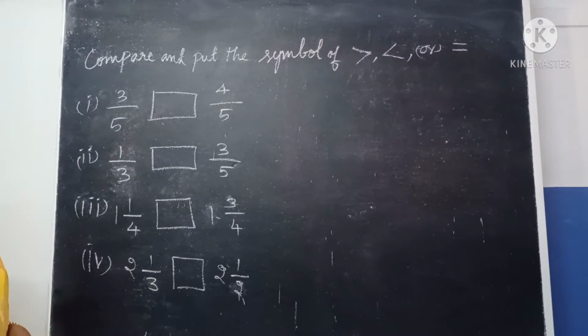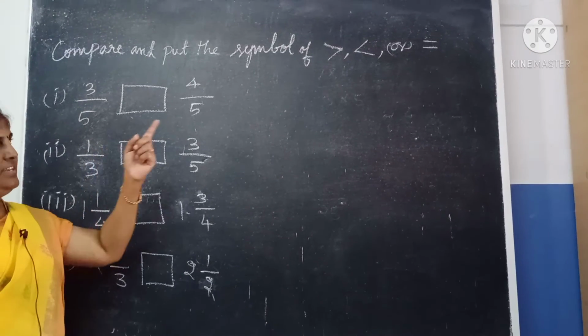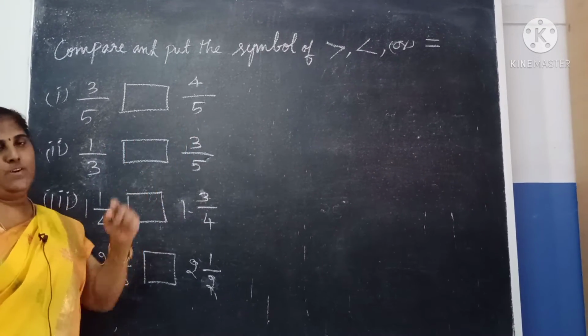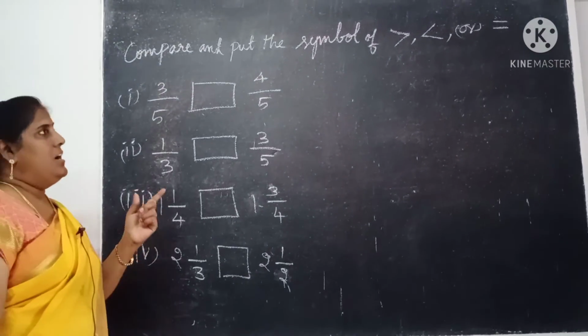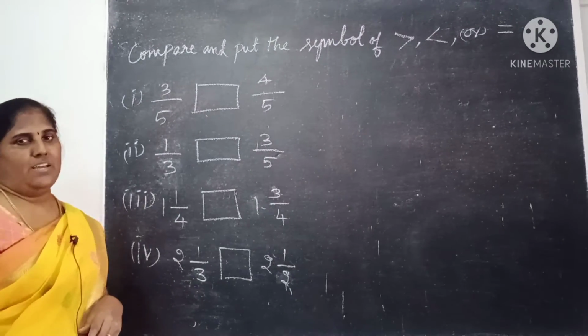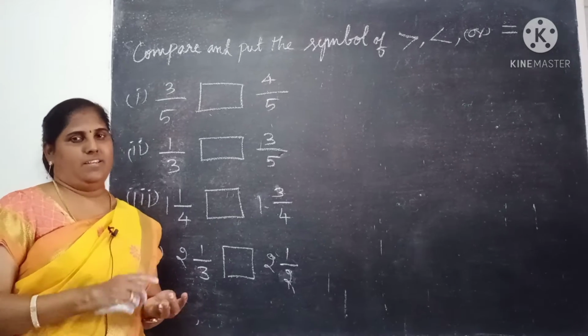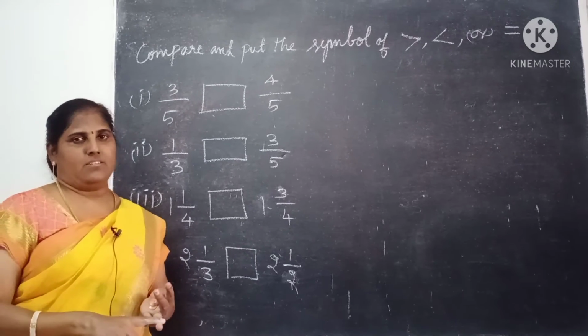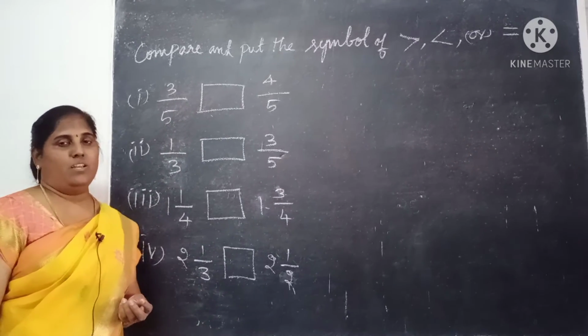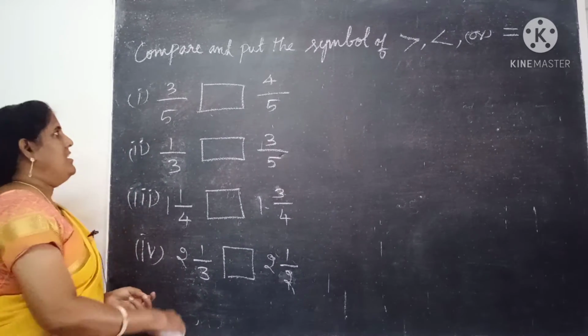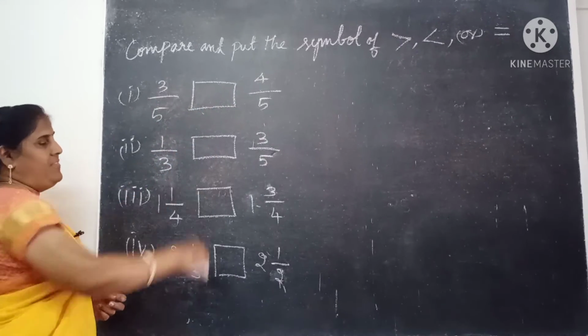Compare and put the symbol of greater than, less than or equal to. See, in this sum, I already told you that if they are like fractions, we can add, subtract or compare. We have to compare only the numerators. Here we have 3 by 5 and 4 by 5.